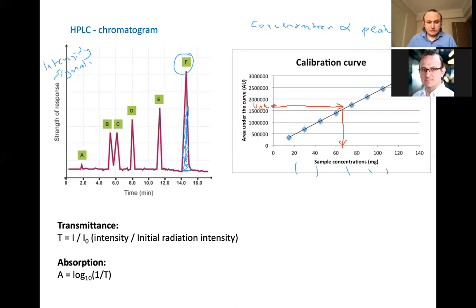So if someone says we have a transmittance value of 20%, for example, you should be writing it like this: the transmittance is 0.2.